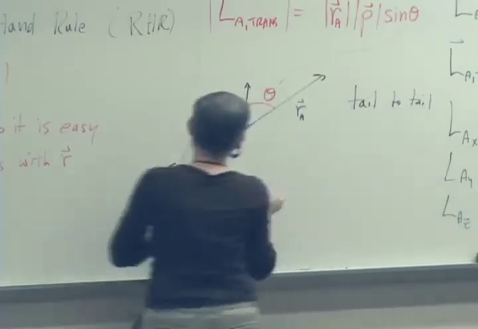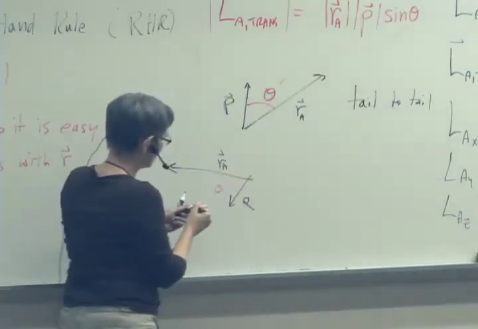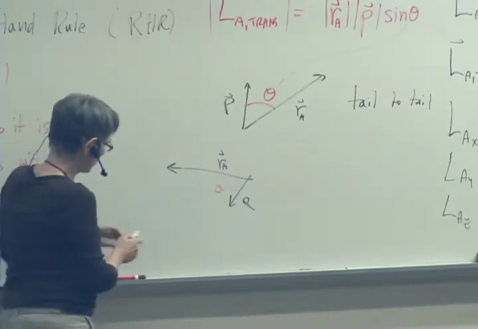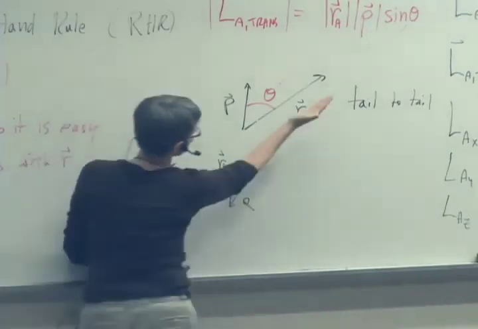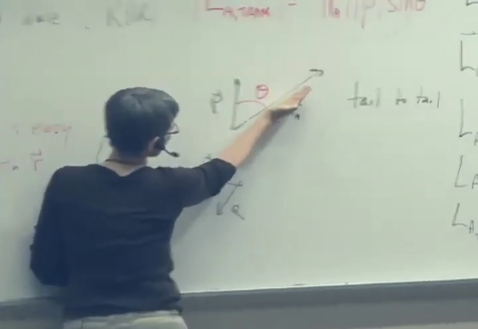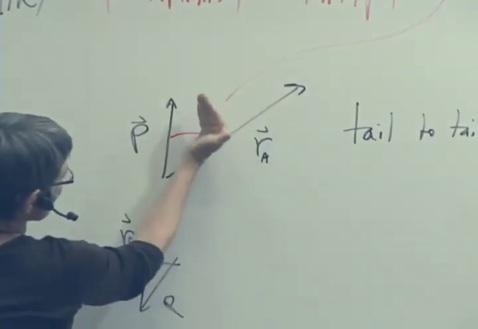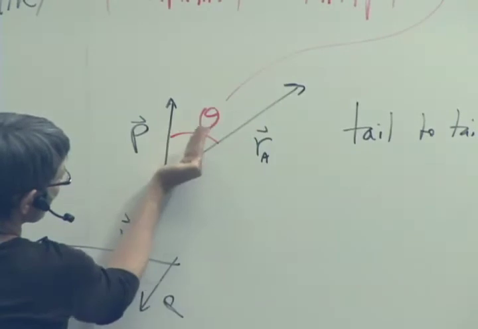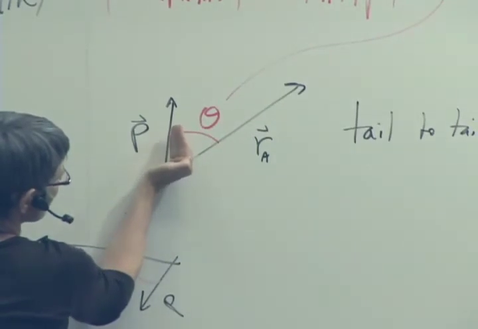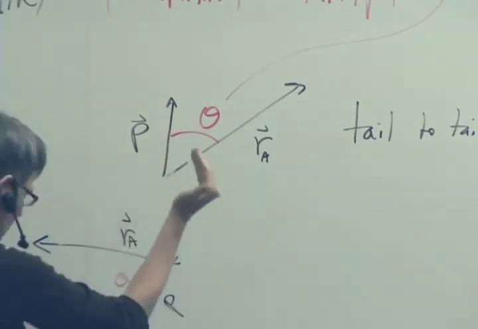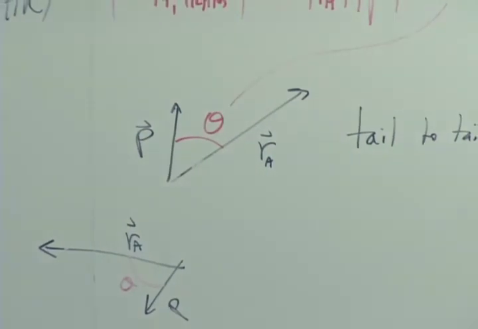As long as we haven't changed that angle, the cross product is going to be the same. So we're going to point our fingers in the direction of the first vector. We're going to bend them through the angle theta until they're aligned with the second vector, and then our thumb is going to stick out in the direction.